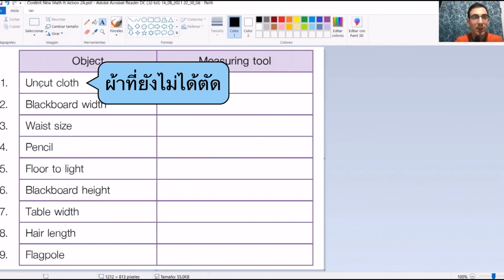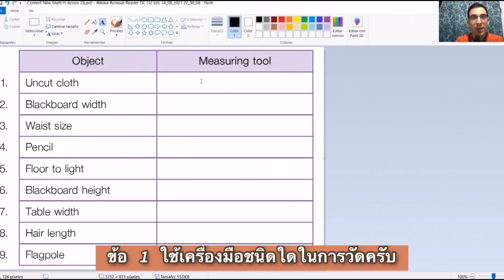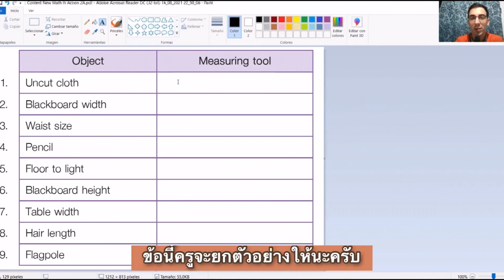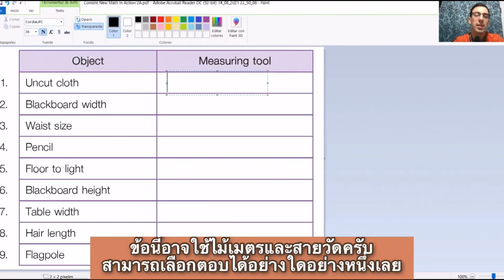Look at the subtitles, please. Uncut cloth. What measuring tool are you going to use? With this one, I'm going to help you. Maybe we can use the meter ruler or the measuring tape. It could be both.